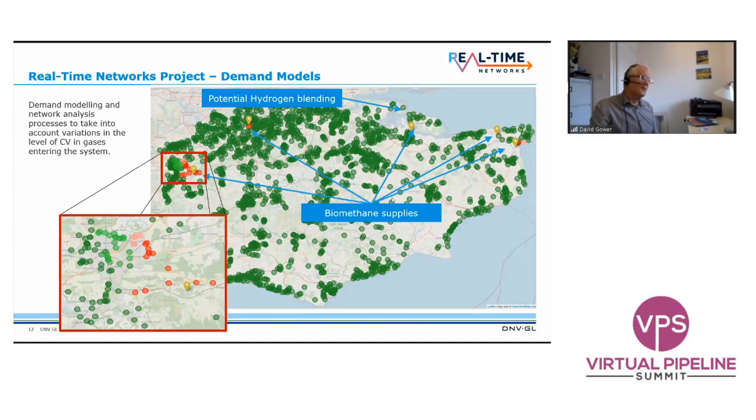One other type of modeling that we produced was that of looking at the energy that's distributed through the system. Biomethane sites are currently required to propionate gas to a level that allows them to comply with the required standard for gas to be distributed in the UK.